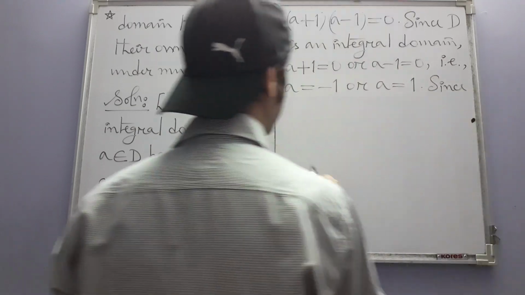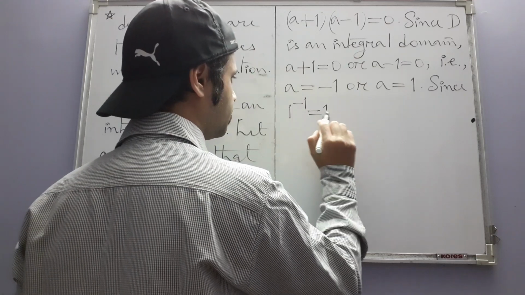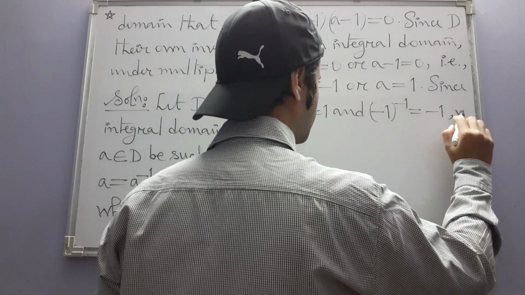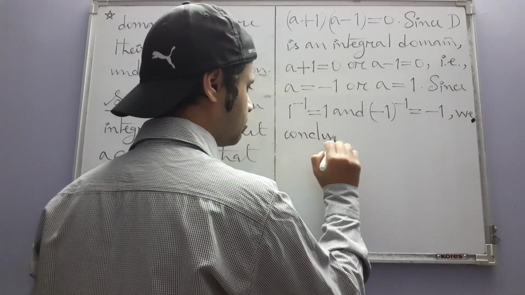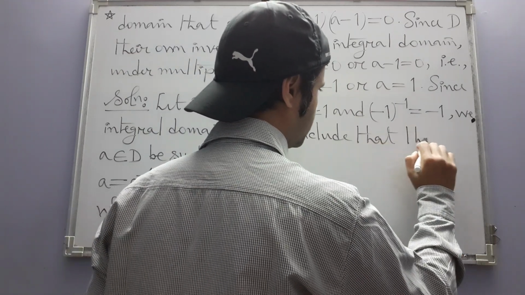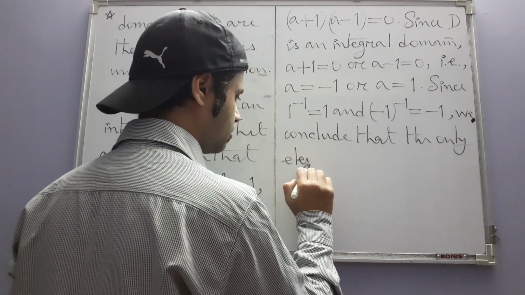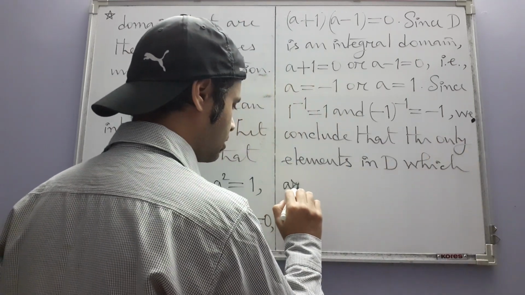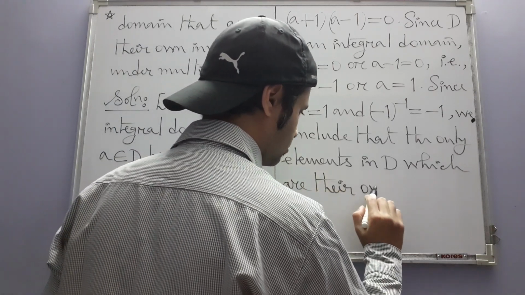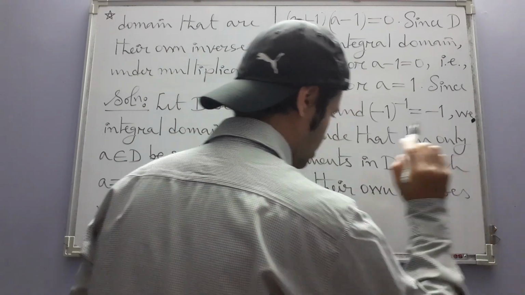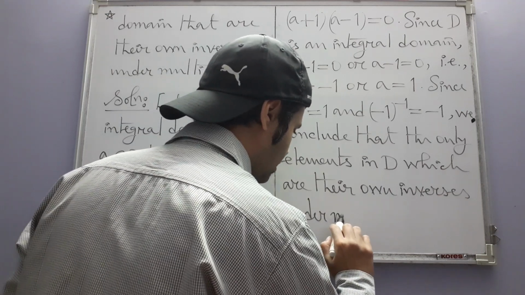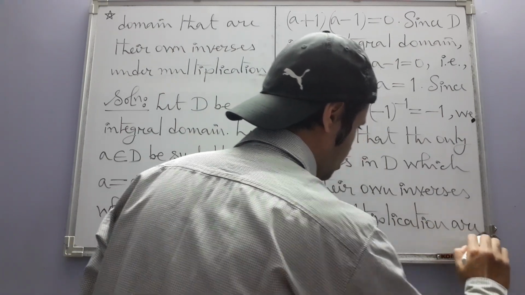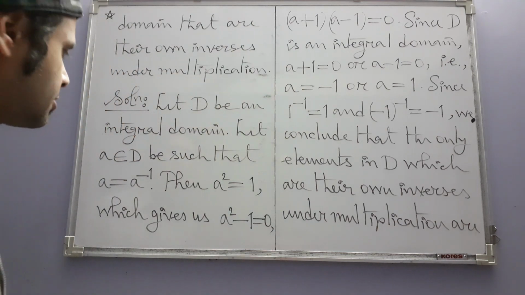Since 1 inverse is 1 and minus 1 inverse is minus 1, we conclude that the only elements in D which are their own inverses under multiplication are minus 1 and 1, or in other words the unity and its additive inverse.